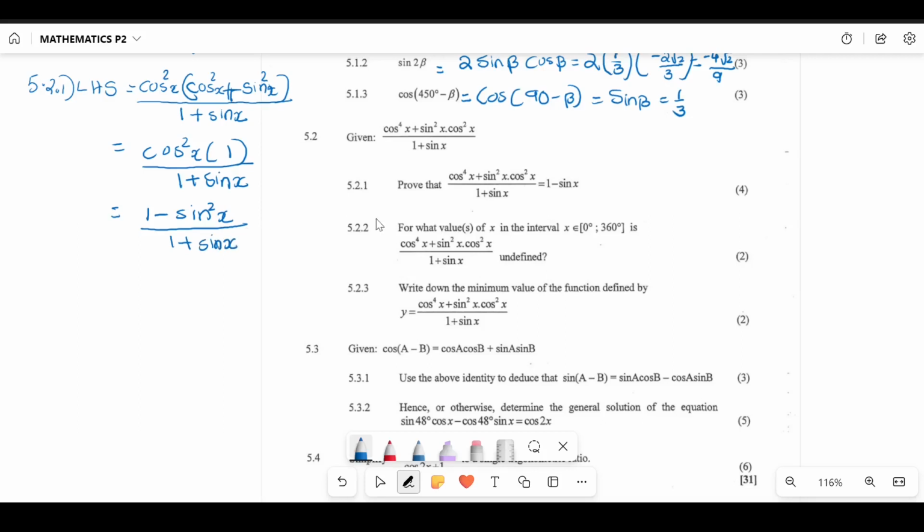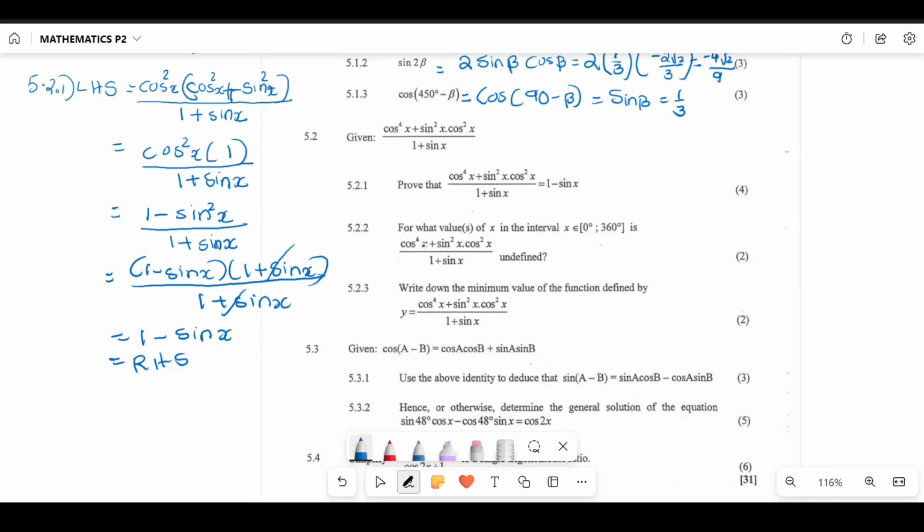Looking at the denominator and the right hand side, you still have to factorize the numerator to 1 minus sin x times 1 plus sin x. Now the 1 plus sin x in the numerator and the 1 plus sin x in the denominator cancel each other. You are left with 1 minus sin x, which is the right hand side. So you proved.